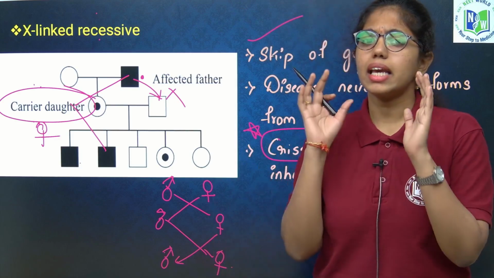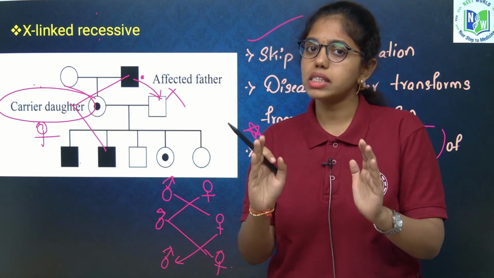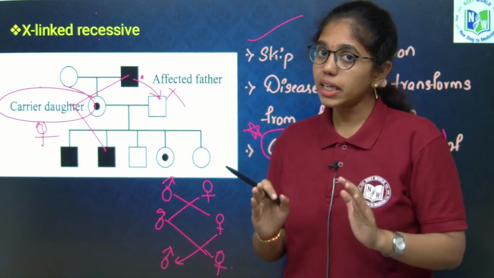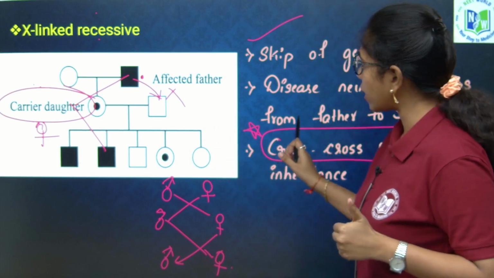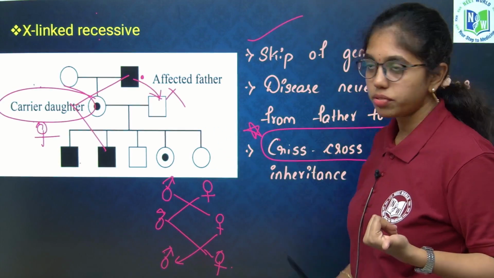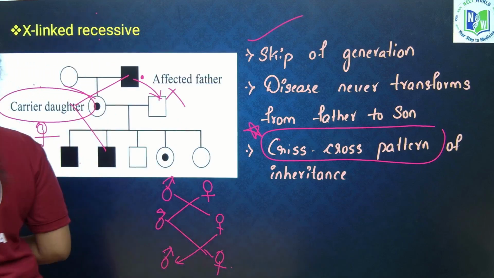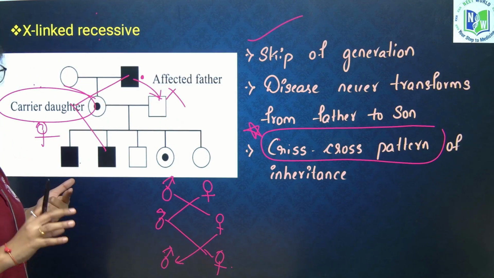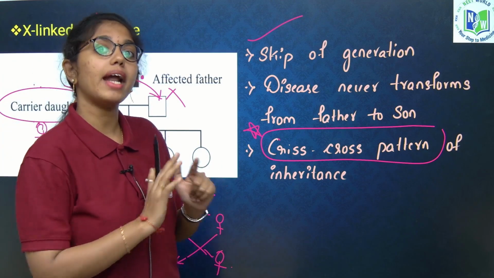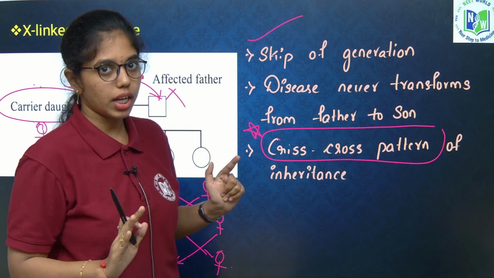So yes, clearly you can identify X-linked diseases. In X-linked recessive disease you can see the criss-cross pattern of inheritance and skip of generation. X-linked dominant you can easily analyze, as all the daughters of the affected father are affected and there will not be any skip of generation.